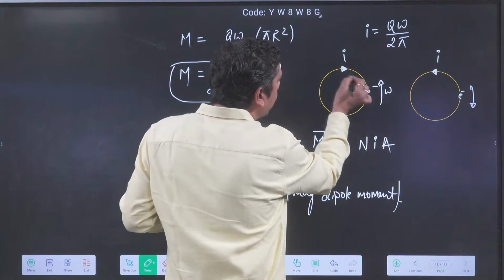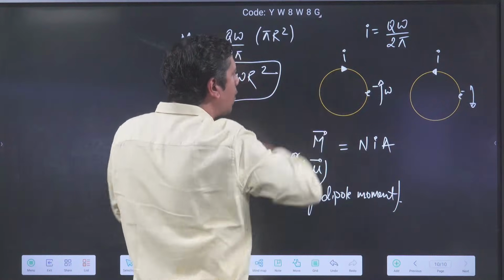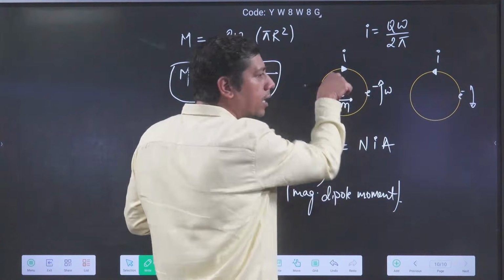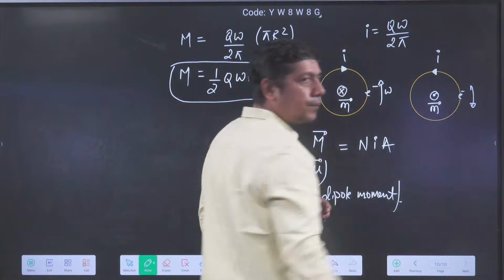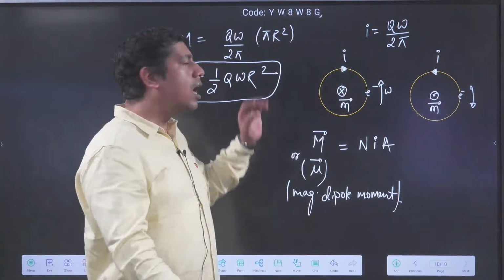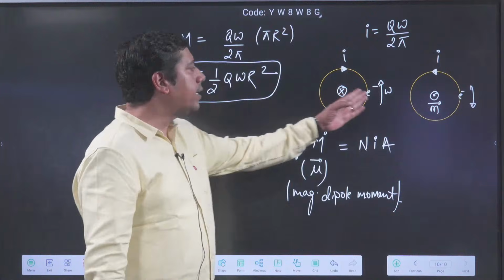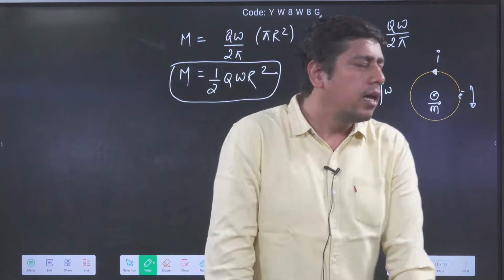If one electron is going anti-clockwise, its current will be clockwise, it will have m vector in this direction. Please understand, it will have m vector inward, and this one will have m vector outward. If omega and r remain the same, then what will happen? Their m vector will be equal and opposite.